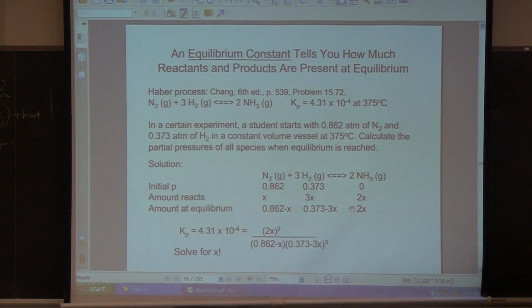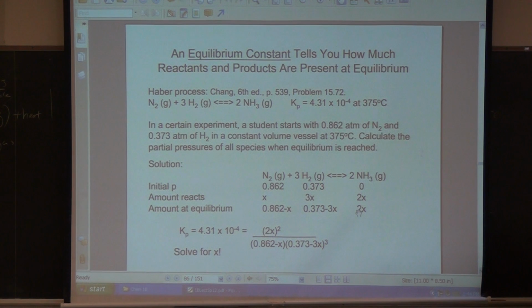Once we get to this point, this is the same as when we were looking at excess and limiting reactants, so the amount at equilibrium is really the same thing we've done before in Chem 1A. Now we can plug these equilibrium amounts into our equilibrium constant expression. So the equilibrium constant, 4.31 times 10 to the minus 4, is equal to 2x squared.